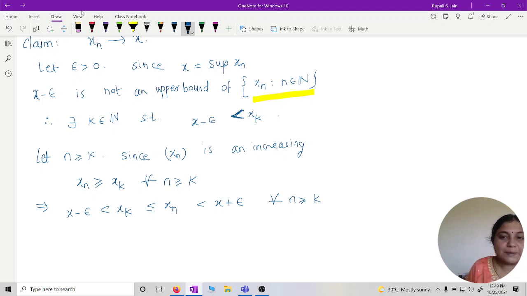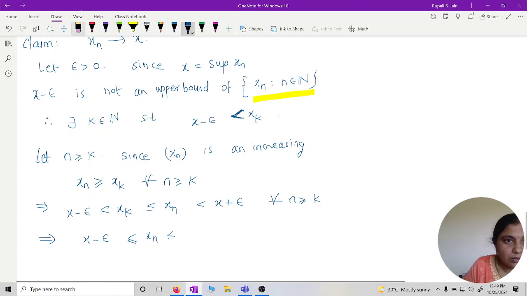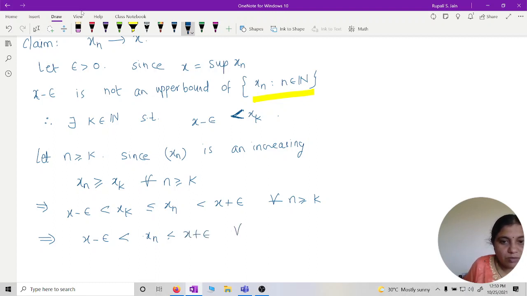Can I write like this? So this implies x minus epsilon is less than xn, less than x plus epsilon for all n greater than or equal to k.